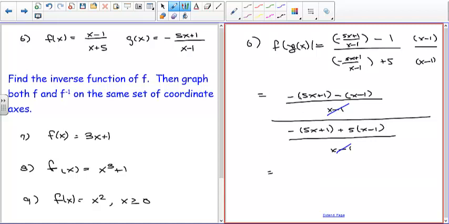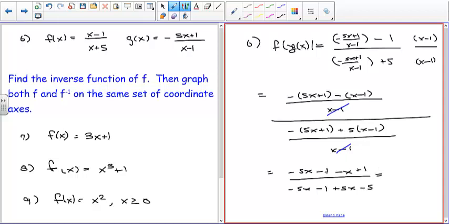So in the numerator we have, let's distribute everything out here, negative 5x minus 1 minus x, and you have a minus times a minus, so that's plus. And then the denominator we have negative 5x minus 1 plus 5x minus 5.